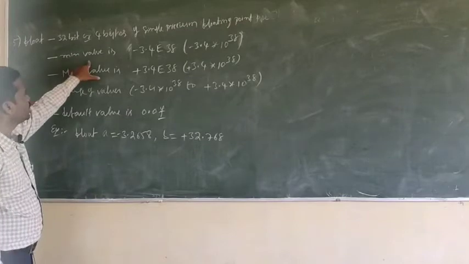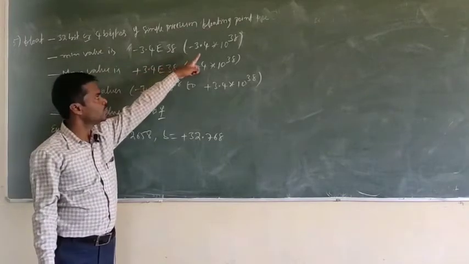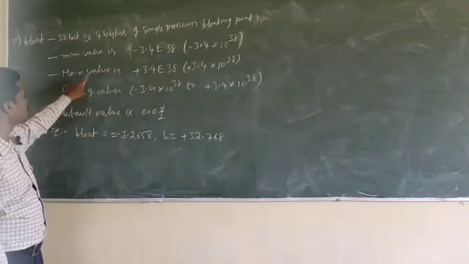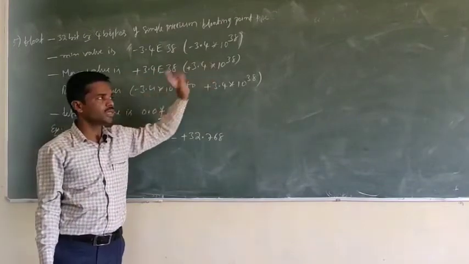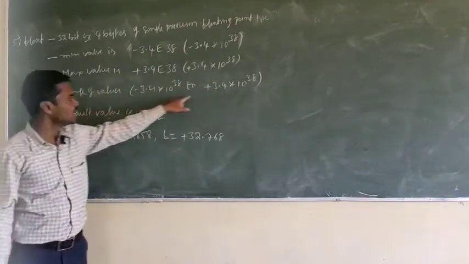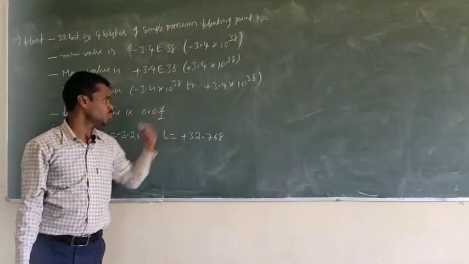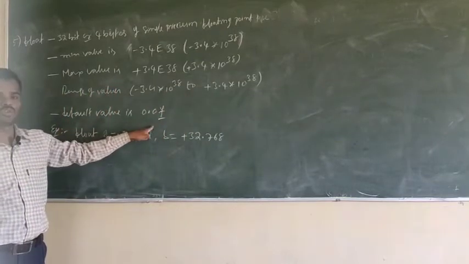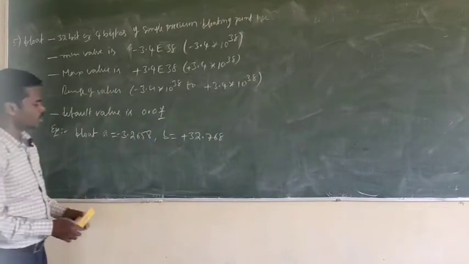The minimum value it can store is minus 3.4 into 10 to the power of 38, and the maximum value is plus 3.4 into 10 to the power of 38, and that is the range of values from and to. The default value is 0.0f, and this is one example for float.